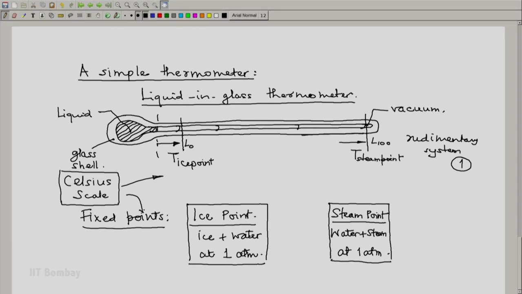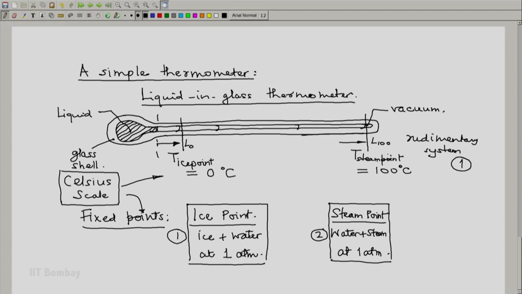First, the Celsius scale has these two fixed points: the first fixed point, the ice point, and the second fixed point, the steam point. Then we define that the ice point temperature is 0 degrees Celsius, and the steam point temperature is defined to be 100 degrees Celsius.